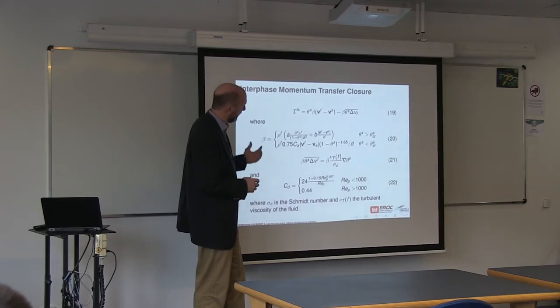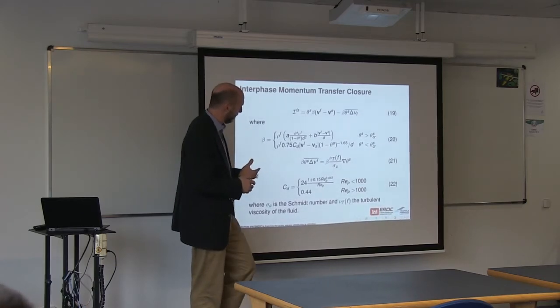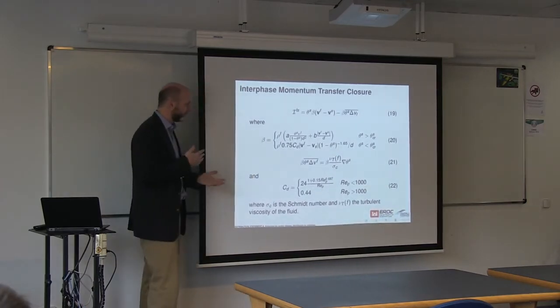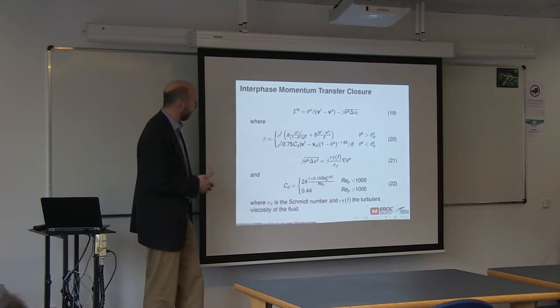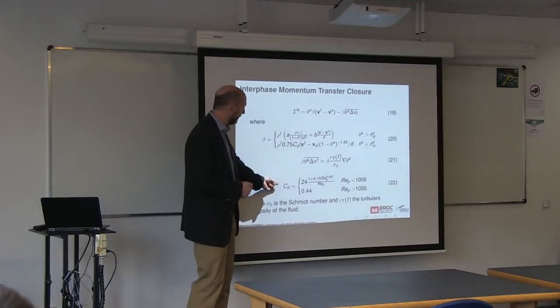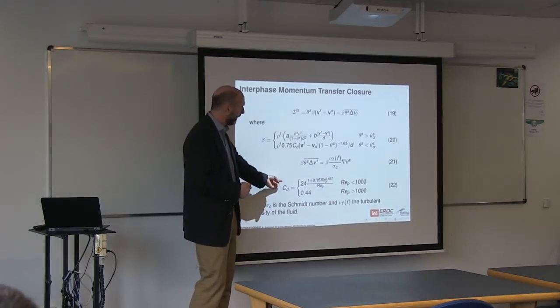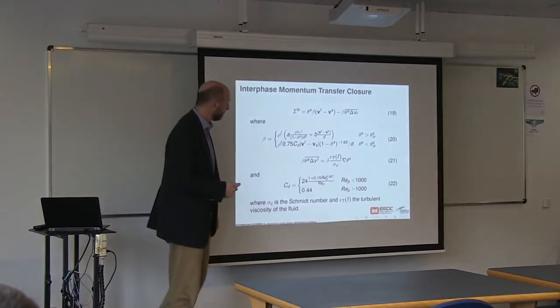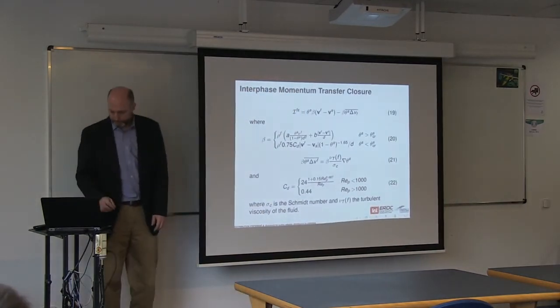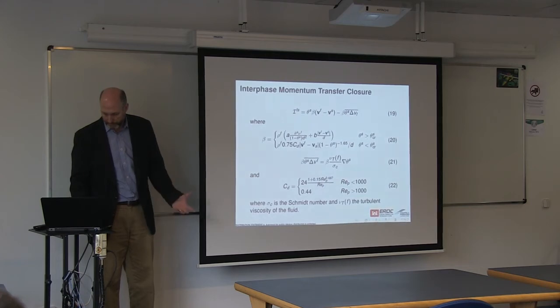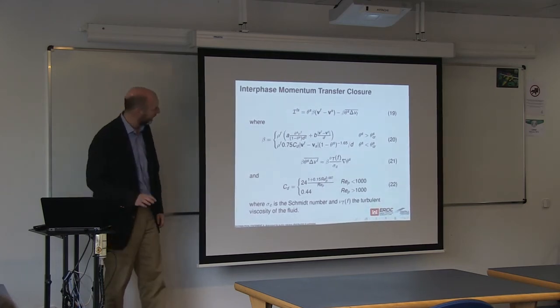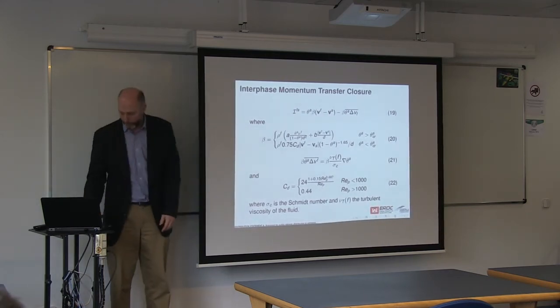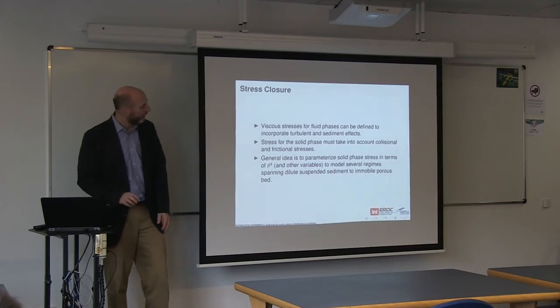These are more or less pieced together by different researchers who've looked at different regimes. You can see that there's a jump in one of the coefficients as I change the regime I'm in, based on the particle Reynolds number. So that's just an example of the complexity of the interface momentum terms.